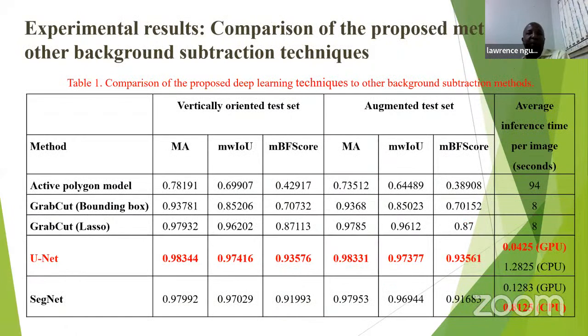And we find from our result here that our deep learning methods, that is UNet and Segnet models, were able to achieve superior segmentation performance compared to the pre-existing techniques, both in terms of segmentation accuracy and also in terms of the speed of segmenting the image.